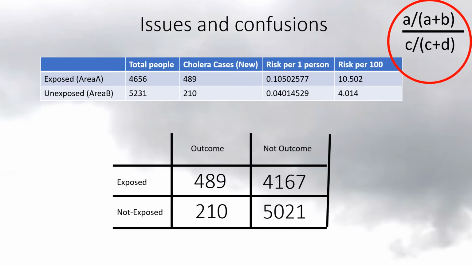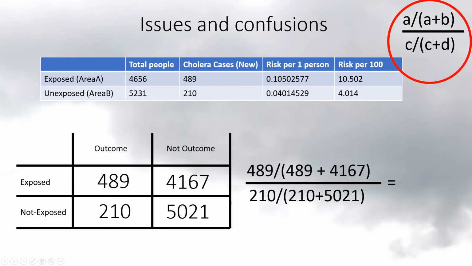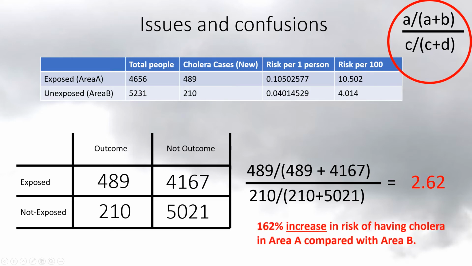So once you add all of that in, and we put all the calculations in, and we do an equal sign, click enter, we get 2.62, right? So that's a 162% increase in risk of having cholera in area A compared with area B.